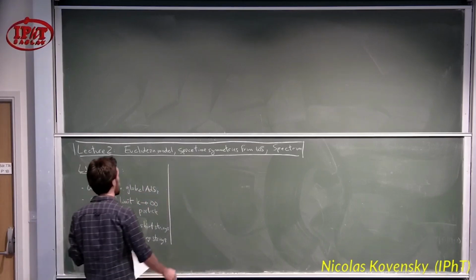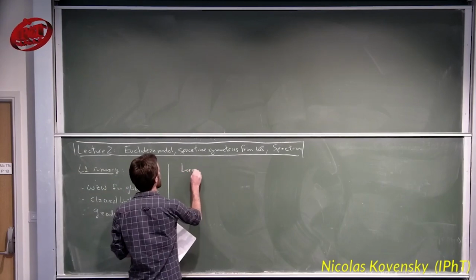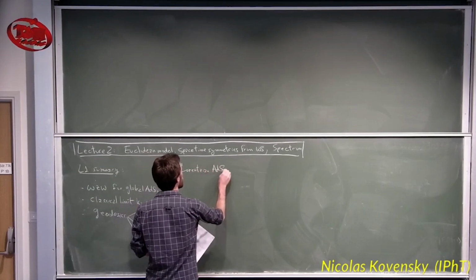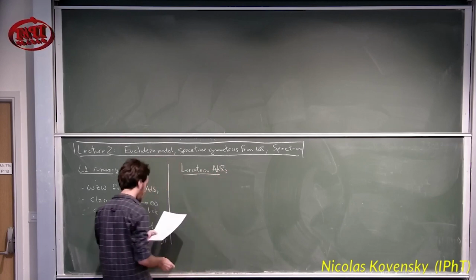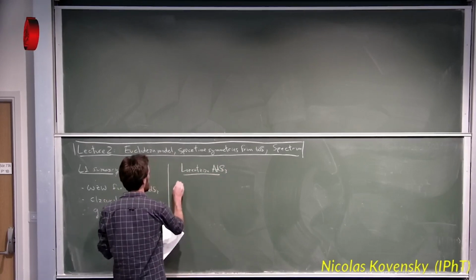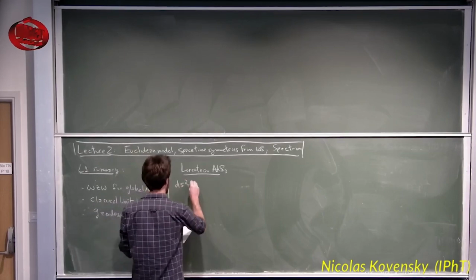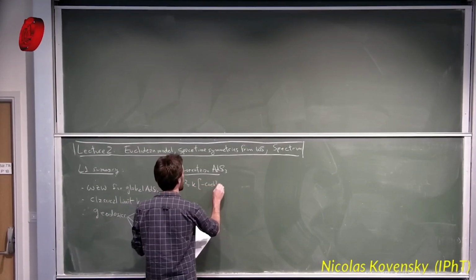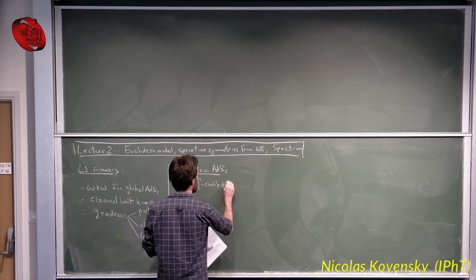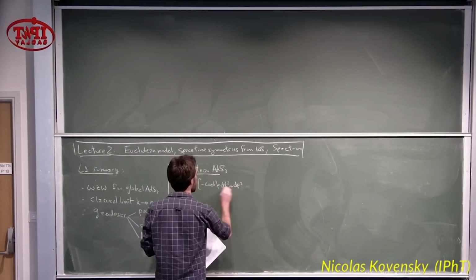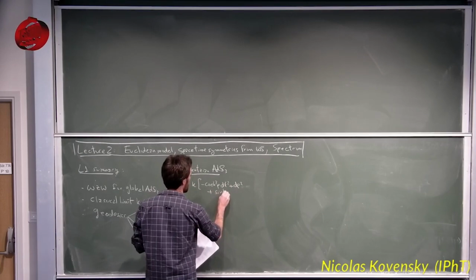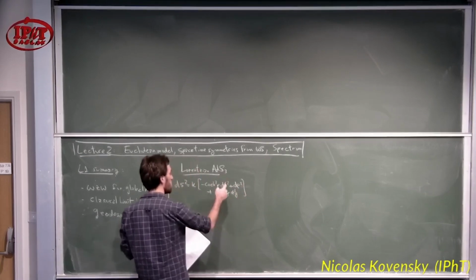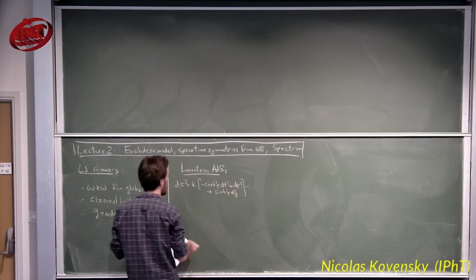So for that, we had the Lorentzian AdS3. And if you remember, this was a metric which looked like this, where t is the time coordinate, rho is the radial one, and y is the angular one.